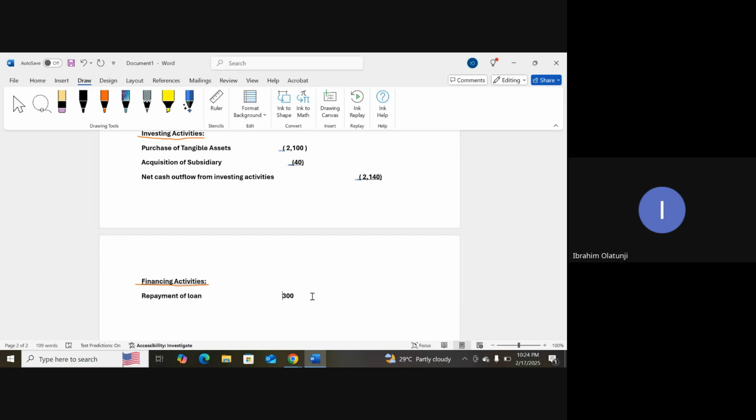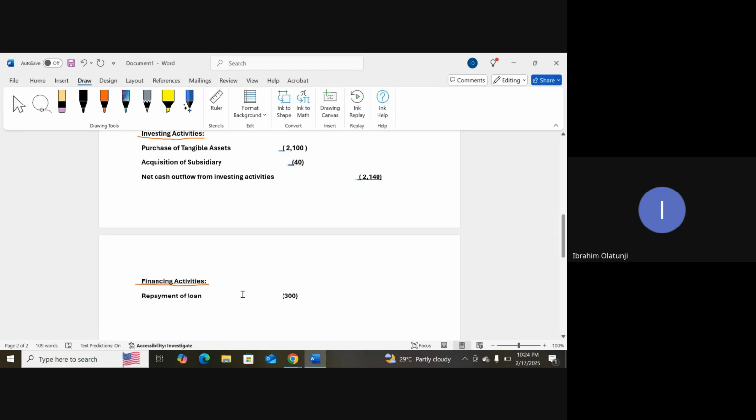this is what you are going to do to it. That 300 naira, you will put in brackets, and I will tell you the reason why. When you borrow money in 2017, 3,000, and in 2018 you discover that the money you borrowed has come down to 2,700, automatically you've already paid 300 naira.